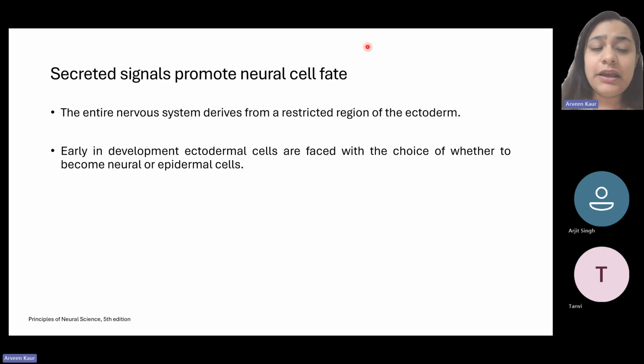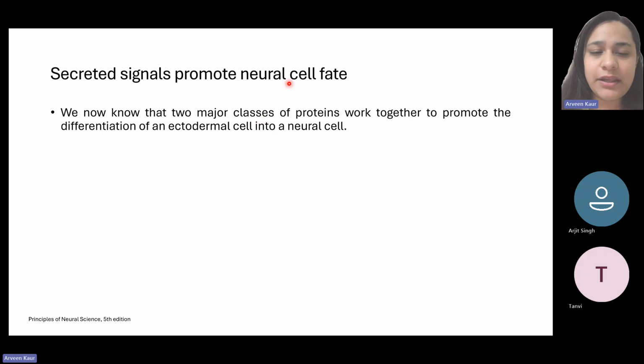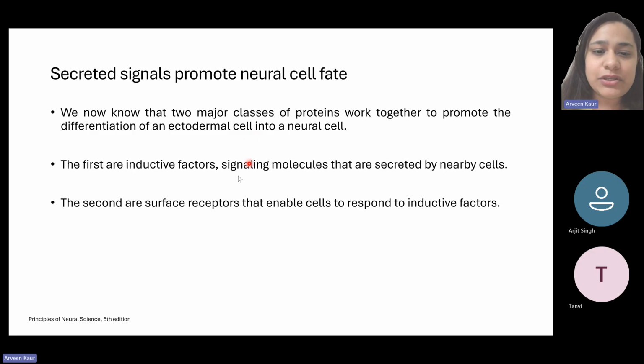Then we also saw that there were secreted signals which promote neural cell fate, right? Why did we think like that? Because we basically knew that there were two major classes of proteins that work together and promote differentiation of ectodermal cells into neural cells, right?